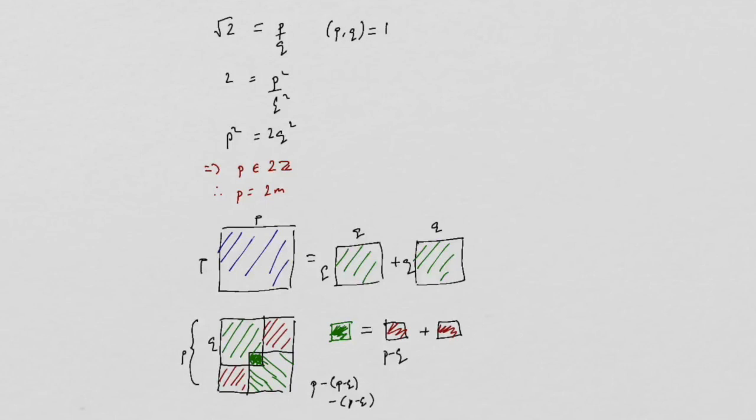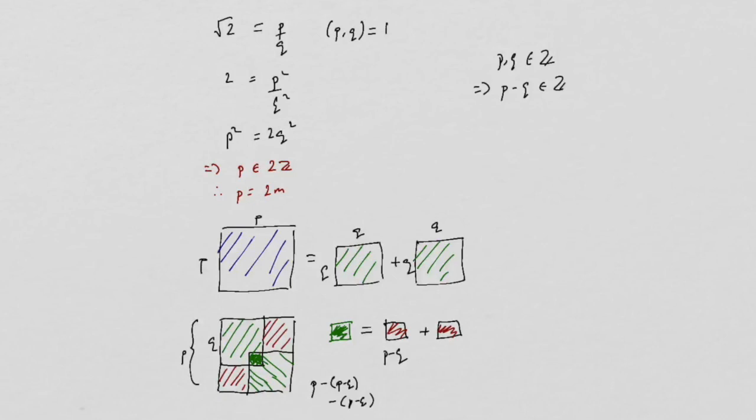Now what that means is, because an integer take away an integer is also an integer, if p and q are integers, then p minus q is also an integer. That tells us that the length of the sides of the green and red squares are integers.